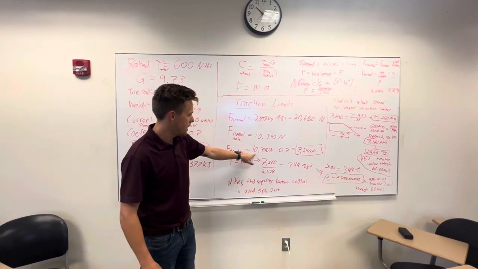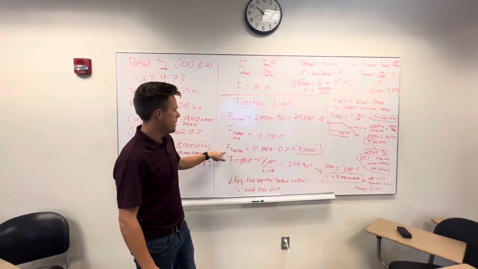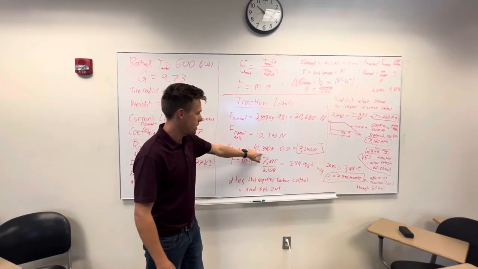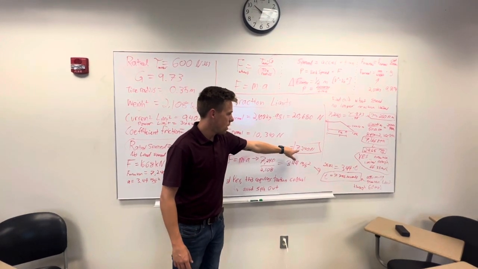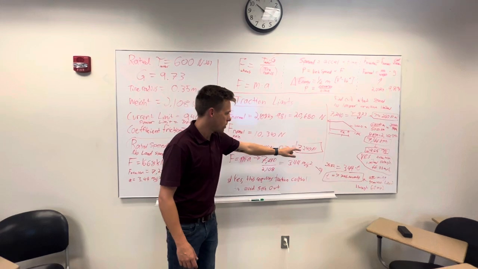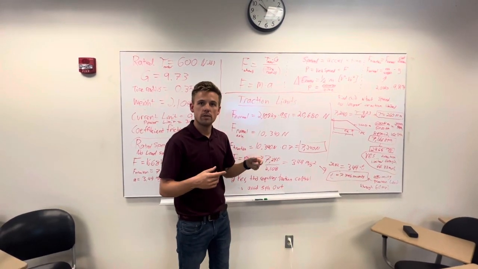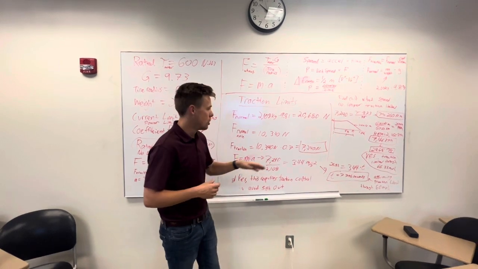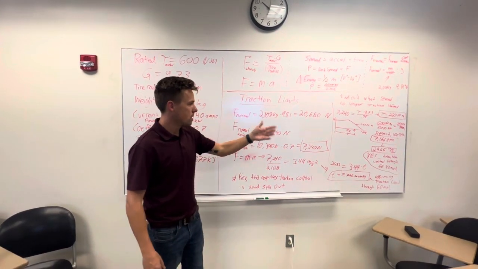So now we're figuring out F traction. That was F normal force. Now we're figuring out our traction force. So we take the normal force times 0.7, and that's your force traction. That is the force at which anything more than that, and your wheels will slip out. Anything less than that, you're good. So this is the force that is allowed before slip out.